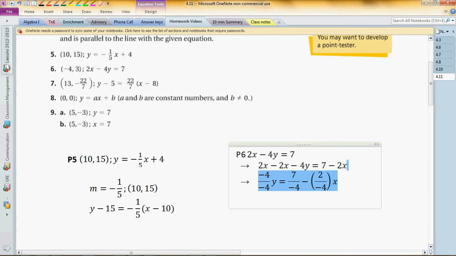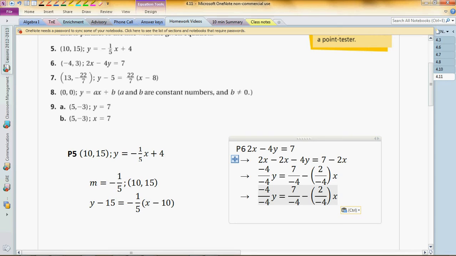Now it looks really messy, so let's clean up. Negative 4 divided by negative 4 is 1. There's nothing we can do there, but positive divided by negative is negative 7 over 4.